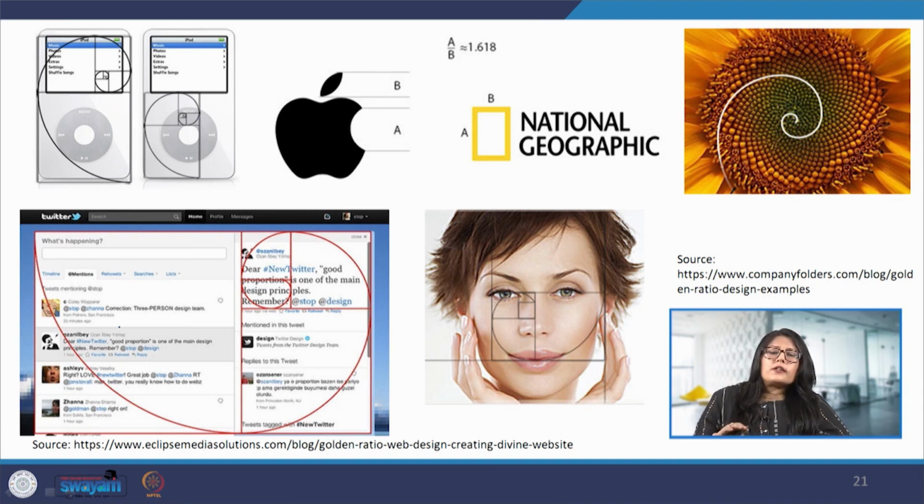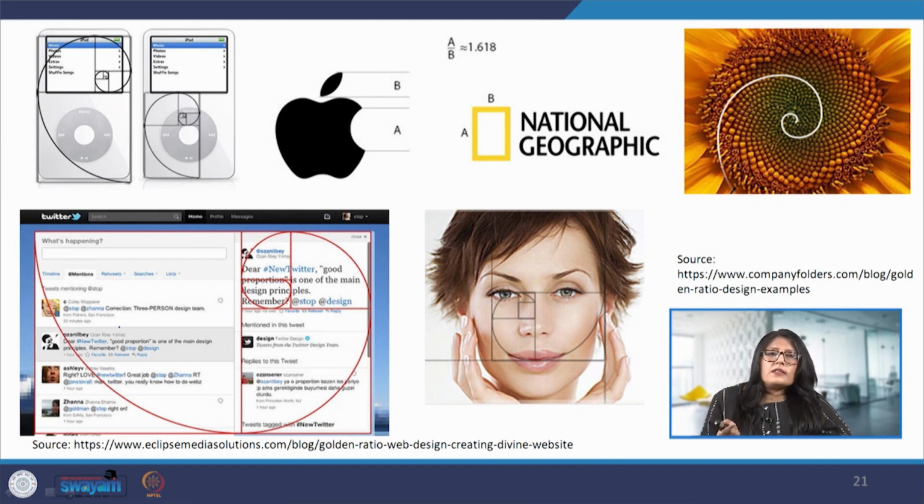We have been using this for thousands of years, and this is sort of ingrained in our system, where we immediately tend to identify something which holds this proportion, and we find it aesthetically pleasing, and we find ourselves emotionally drawn towards it. One may not even be aware that such a ratio exists, but we are just subconsciously drawn towards it.